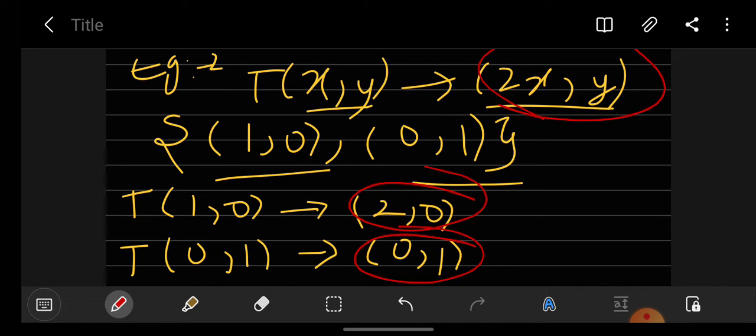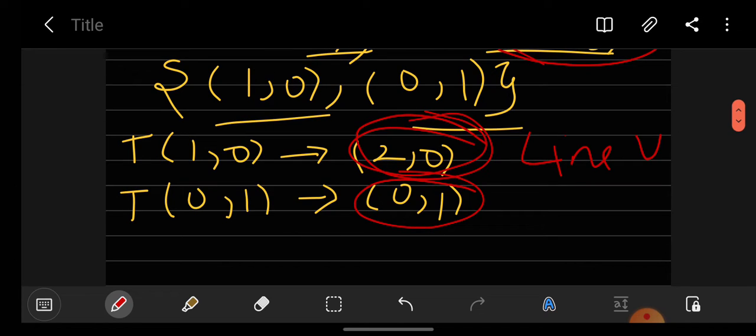Now you have to write this in a linear transformation form, in a vector form. How do you write it?